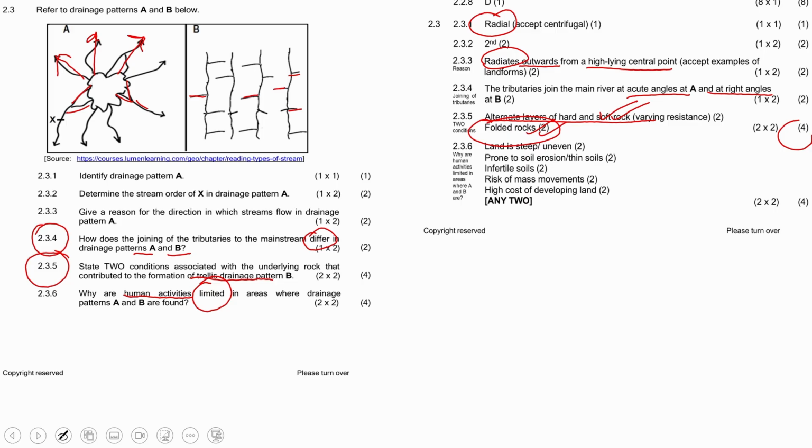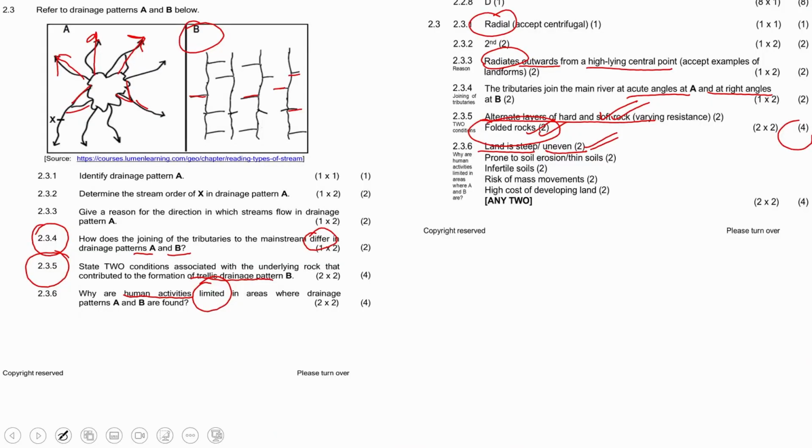So the slopes on the side are clearly very steep and uneven, okay? The same applies to folded structures, which is at B. You get one high-lying area that is hard, low-lying area that is soft. So the area itself is undulating, it is steep, and therefore not suitable for human activities. Okay, so the steep and uneven, that will give you 2 marks. Either one, if you write both, you can only take one.